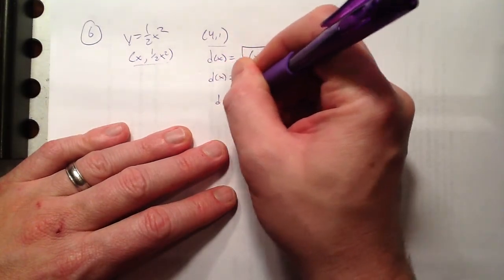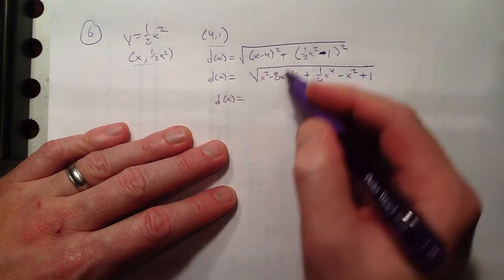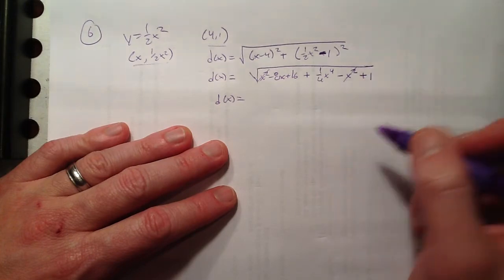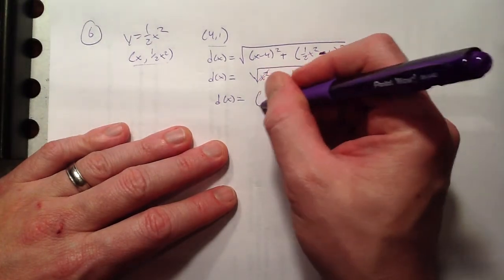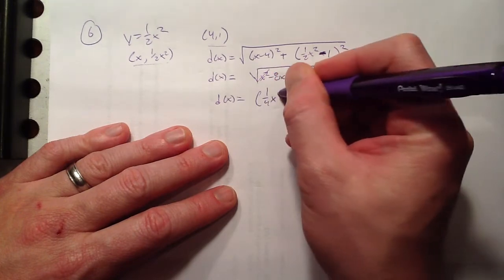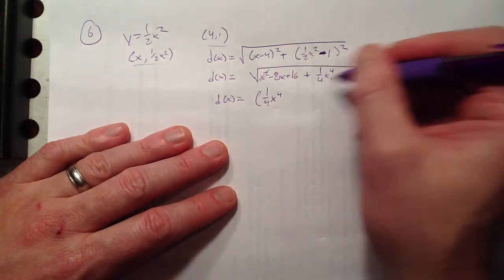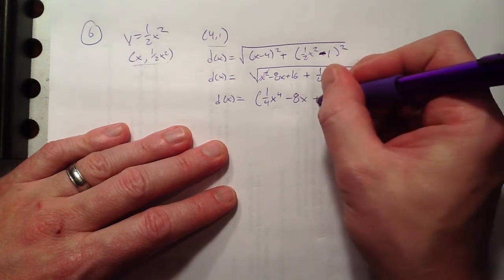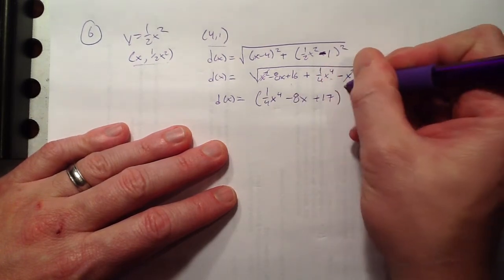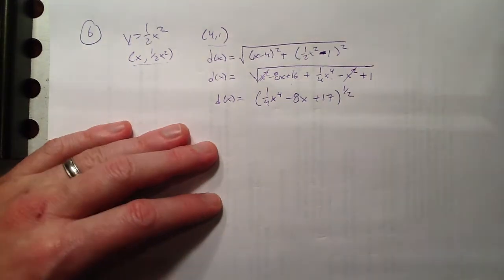And see if we can simplify that. Look, the x squareds cancel out. So I get 1/4 x to the 4th minus 8x plus 17 all to the 1/2 power.